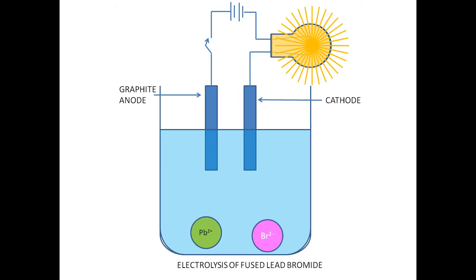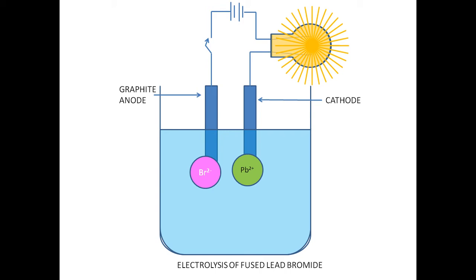Here you can see that lead ions and bromide ions are formed because of passing electric current, and after forming the ions, the cations will move towards the cathode and anions will move towards the anode. Pb2+ is a cation and it moves towards the cathode, where it will gain 2 electrons from the cathode and become neutral, while the bromide ion will migrate towards the anode and donate its extra electron to the anode and become neutral.